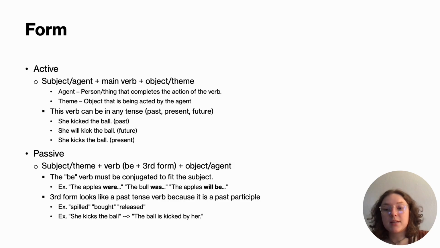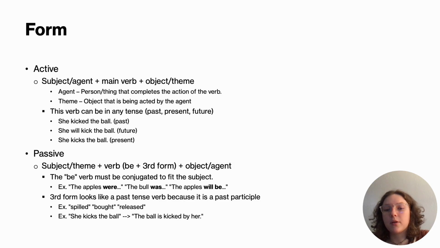In the active sentence, we have a verb conjugated for tense: kicked, kick, will kick, kicks. However, in our passive sentence, we have the verb be, which will be conjugated based on the subject, with the third form. So the verb be must be conjugated to fit the sentence, fit the subject, and the tense.